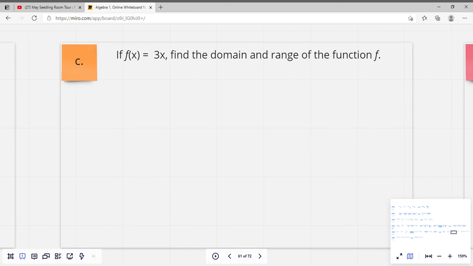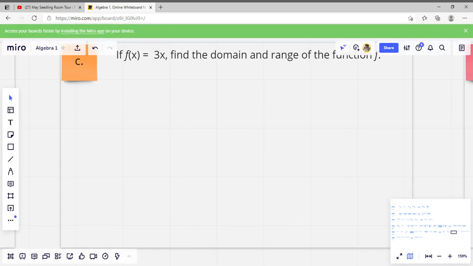Next one. If f of x equals 3x, find the domain and range of the function f. Okay, so for this one, our domain is going to equal real numbers, of course. Pretty much any real number can be substituted.